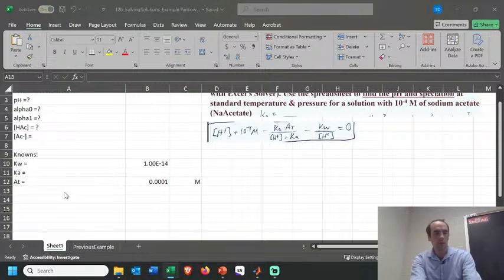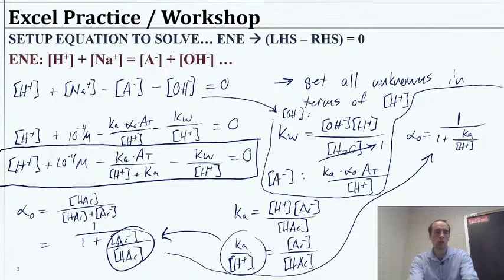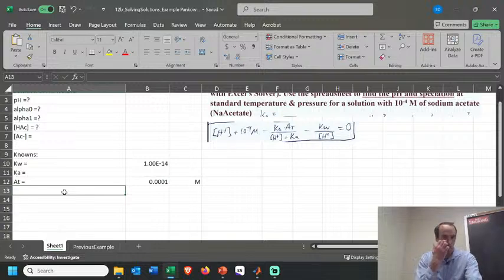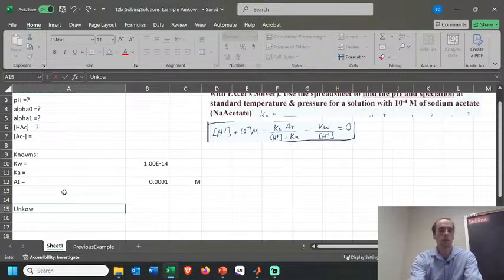All right, and I'm thinking to myself, what else do we know? We had several equations here. We could rewrite some of these. And how about some unknowns?